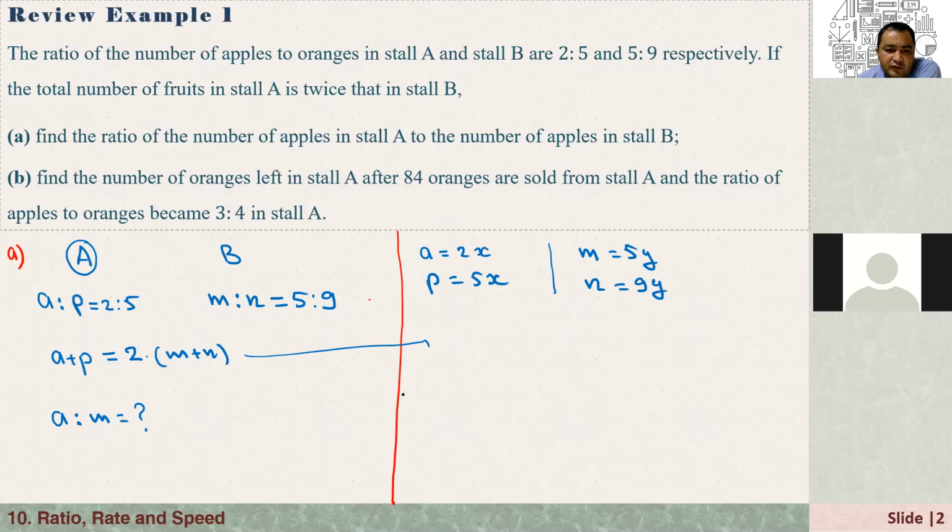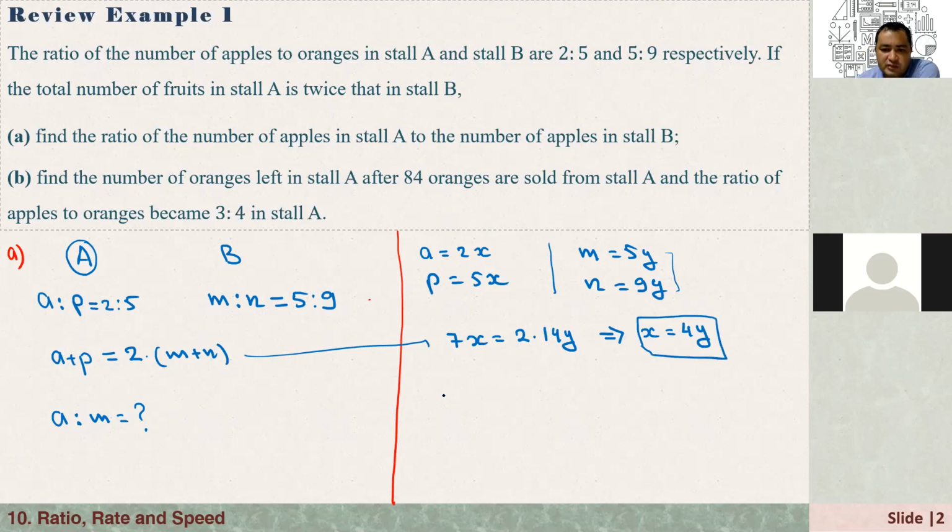On the right hand side, we have 2 times M plus N, which is 5Y plus 9Y, that's equal to 14Y. Now if you divide both sides by 7, we will get that X is equal to 4Y. That is one relation, actually, of how X and Y are connected to each other.